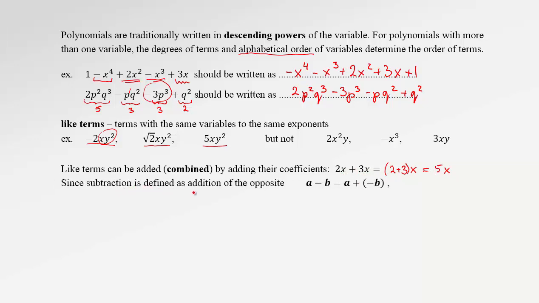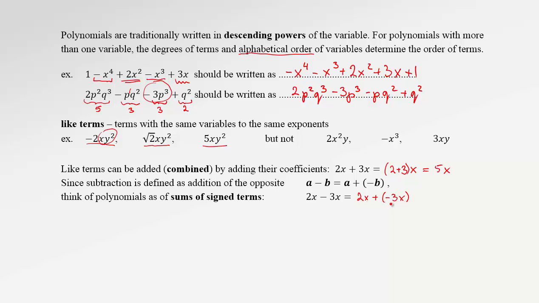Since subtraction is defined as addition of the opposite, we can see a minus b as a plus negative b. Then think of polynomials as sums of signed terms. So even though in this example you see a minus, we can think of it as a sum of 2x plus negative 3x.